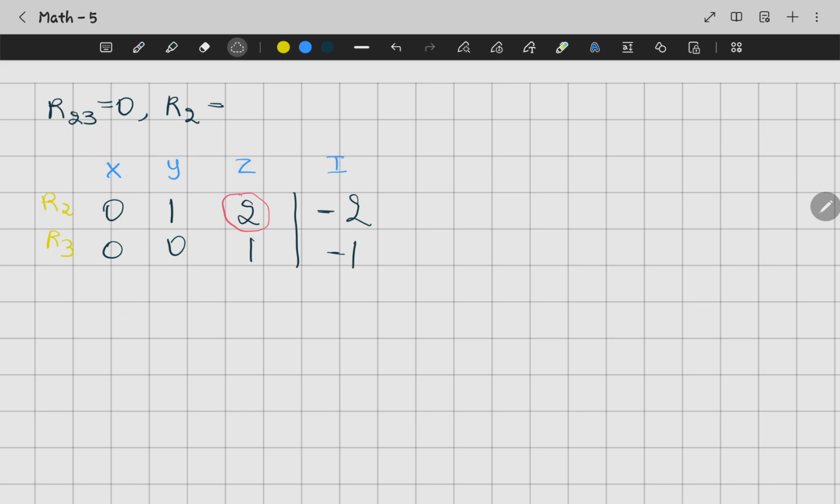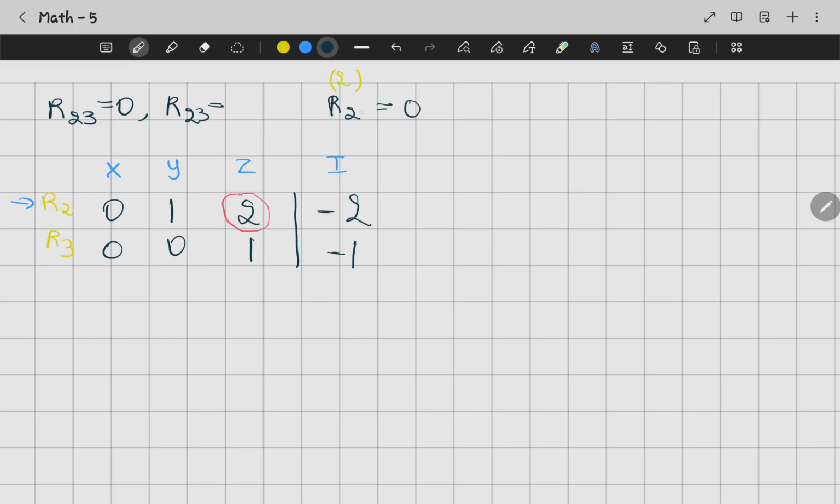Since our goal is to change row 2, I'm going to put row 2 here. In order to make row 2 column 3 equal to 0, what can we do? We can see that this entry is 2. In what way can we make it equal to 0?